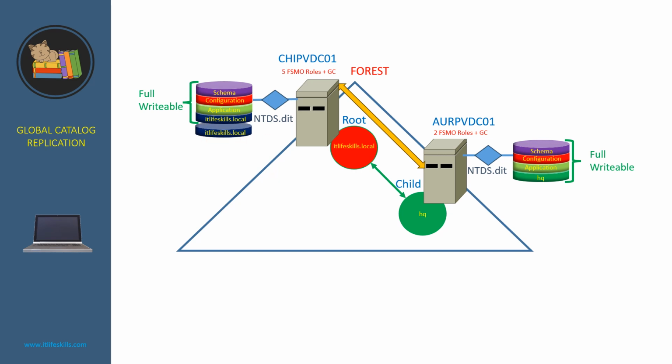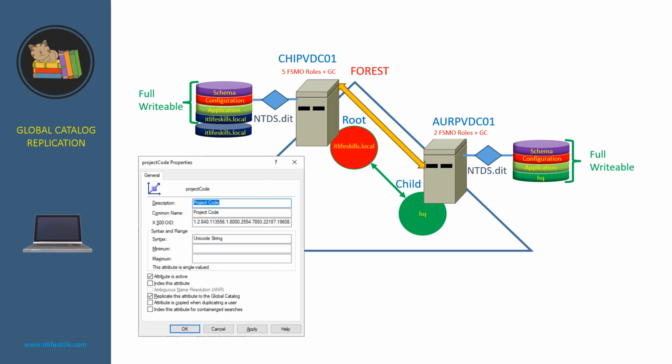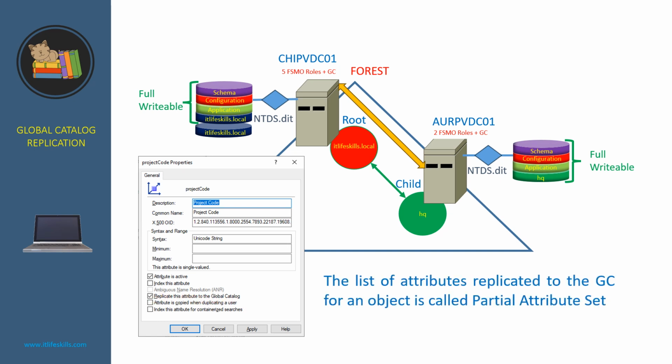However, these objects only contain the attributes that are configured to replicate to the global catalog. The list of attributes replicated to the global catalog for an object is called partial attribute set.